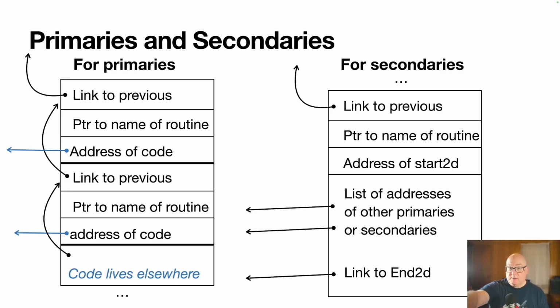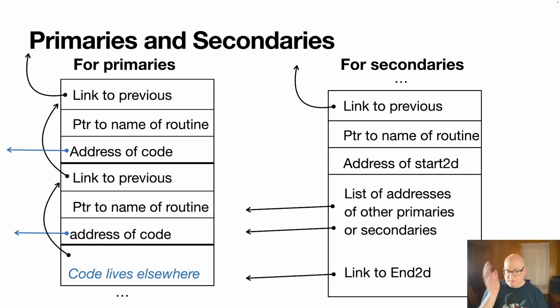The header's the same. There's a link to the previous entry, a pointer to the name, and then we have the address of the code that we're going to run. It's going to be an assembly language routine, so in a sense, it's a primary, but start2d, for start secondary, interprets things by saying, I'm going to get the next word after me, and that's going to have a list of addresses, just each word that's in that definition.